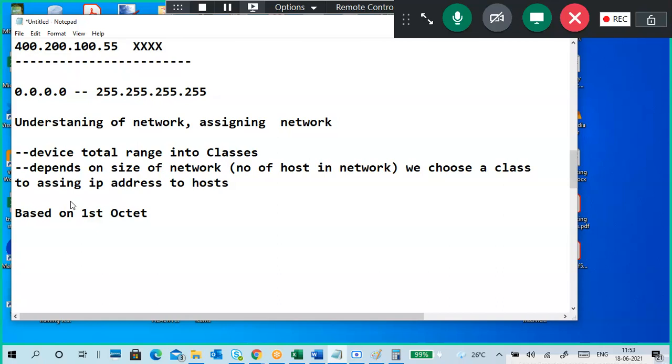Based on the first octet of an IP address, within the number range, we understand what class it is.